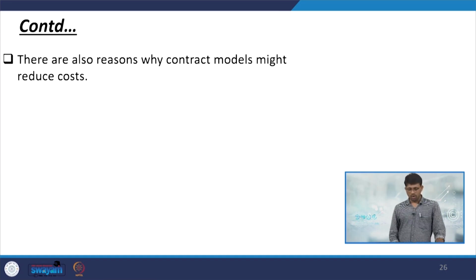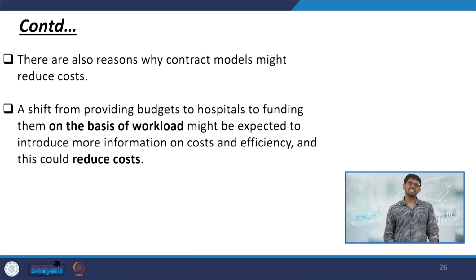There are also reasons why contract models might reduce cost. A shift from providing budgets to hospitals to funding them on the basis of workload might be expected to introduce more information on cost and efficiency, and this could reduce cost as well.